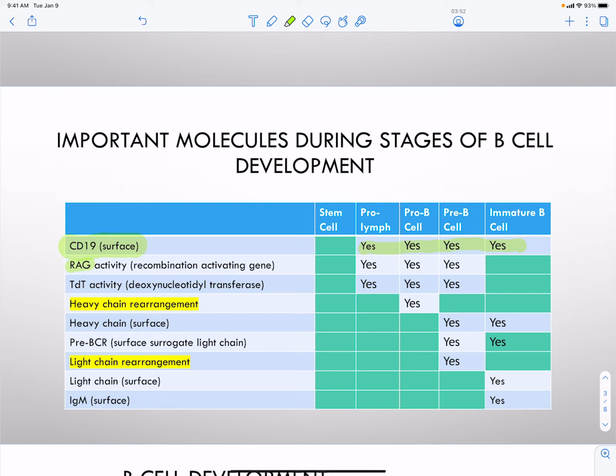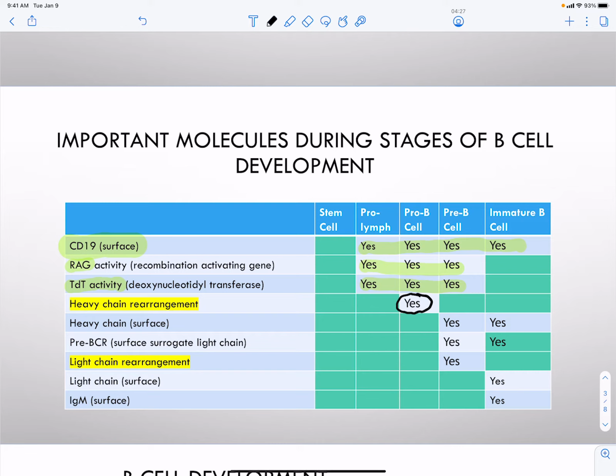The terminal deoxynucleotidyl transferase (TdT) activity was also present during rearrangement, and so you can see that both of these are present during the pro stages and the pre stages, but as soon as you become an immature B cell, those genes get turned off because you've already made your heavy chain and light chain, and you don't ever reactivate RAG or TdT activity.